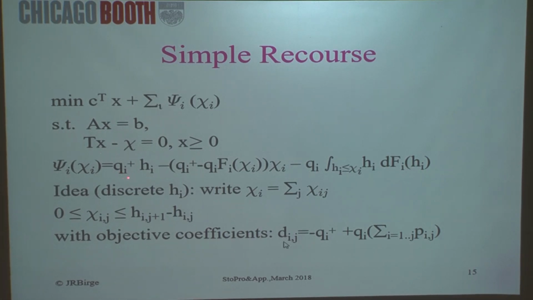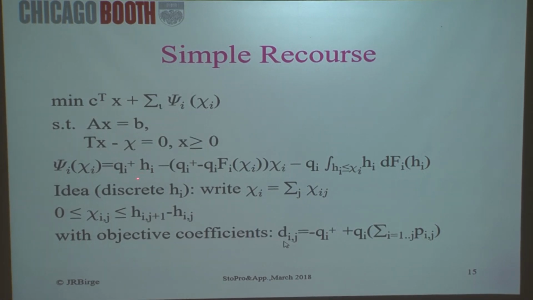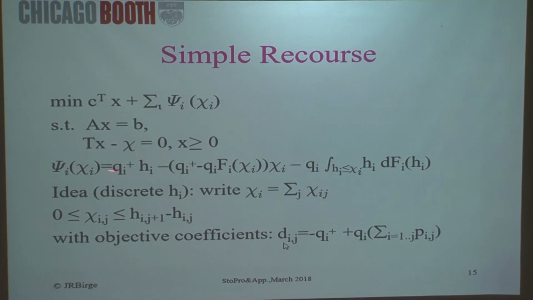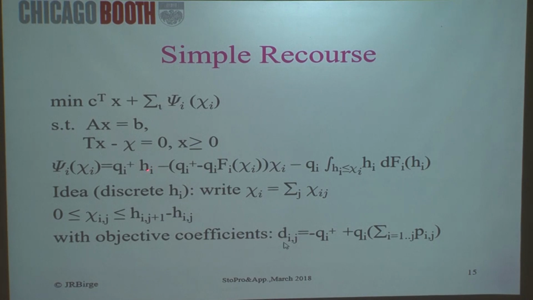It's the q_i value, positive, times whatever the value of the right-hand side is, minus some function of this tender, and then minus the expectation.